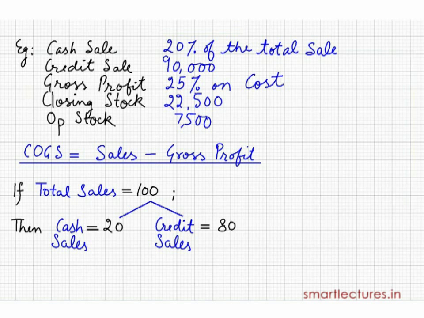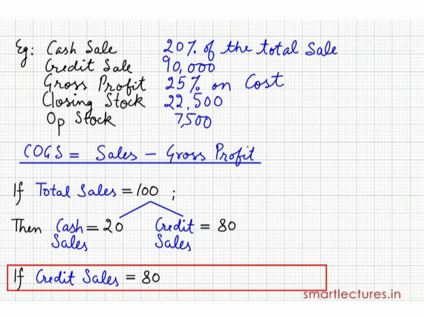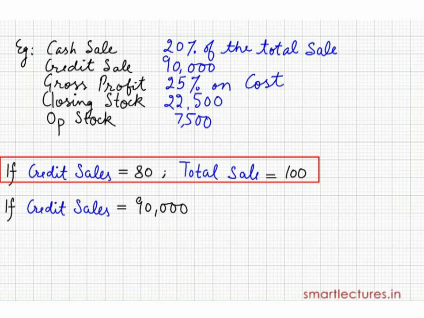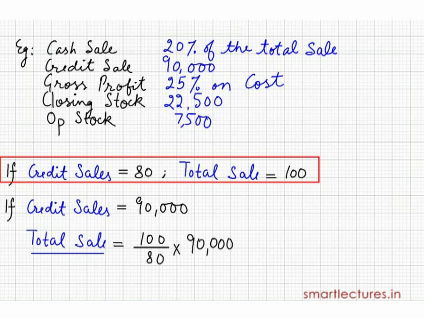If credit sales is 80, then total sales is 100. If credit sales is 90,000 rupees, then total sales is 100 upon 80 into 90,000. It means it will be equal to 1,12,500 rupees.